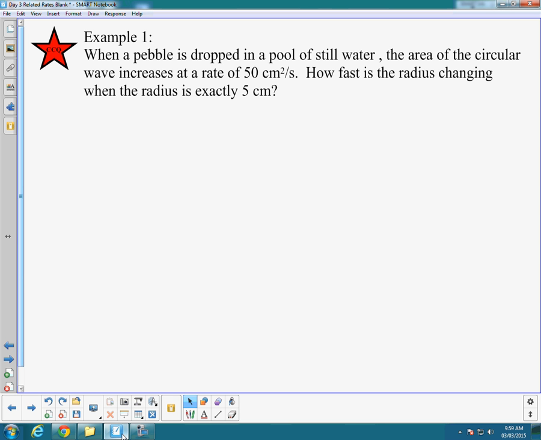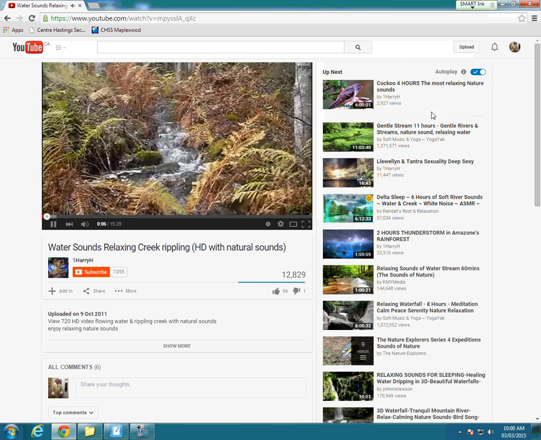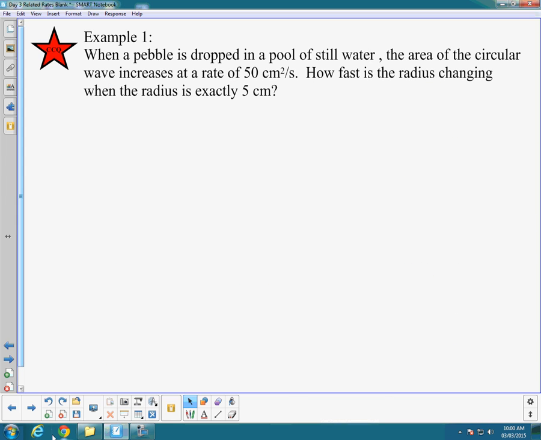Now, there's a couple of things. Just like with the dragster, the speed at which the dragster is going depends on when we're talking. So the dragster at the beginning is changing.